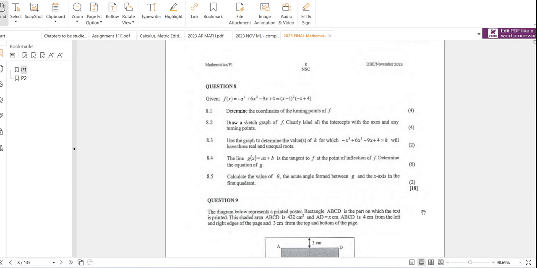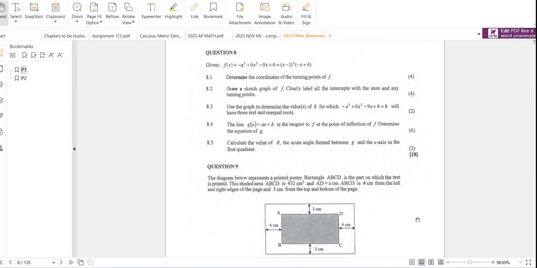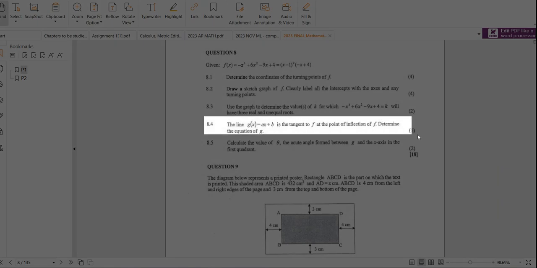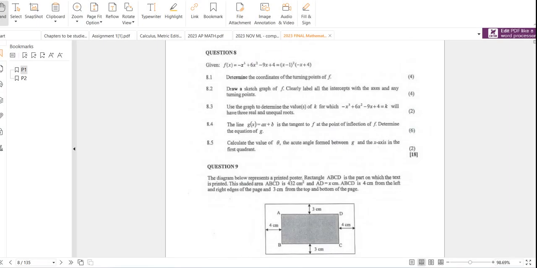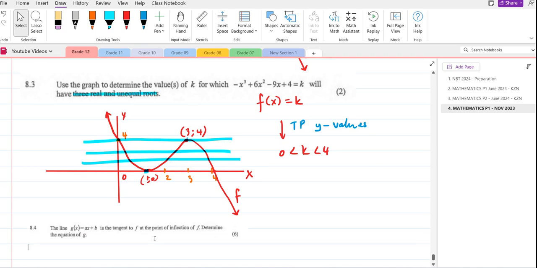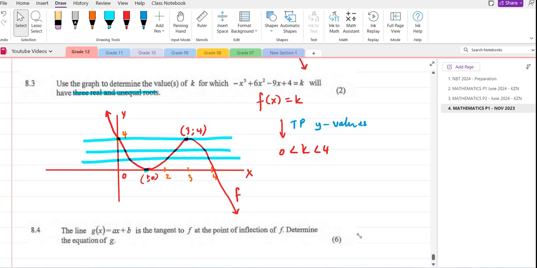The line g of x, which is ax plus b, is tangent to f at the point of inflection. Determine the equation of g. A simple question, because even though it's 6 marks, remember you want to find the equation of the tangent line at the point of inflection.